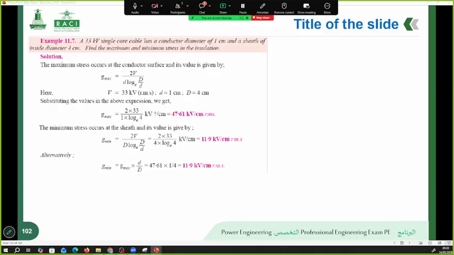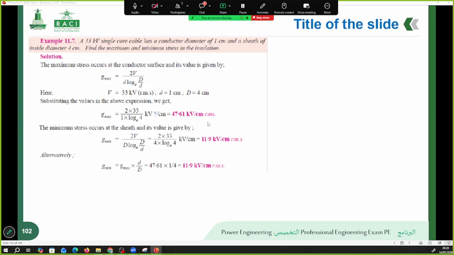The maximum stress occurs at the surface of the conductor and is calculated using the logarithmic relationship between the shields and conductor diameters, resulting in a value of approximately 47.61 kilovolt per centimeter RMS value.